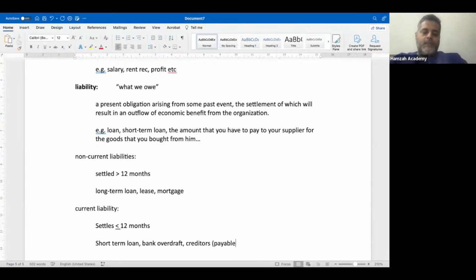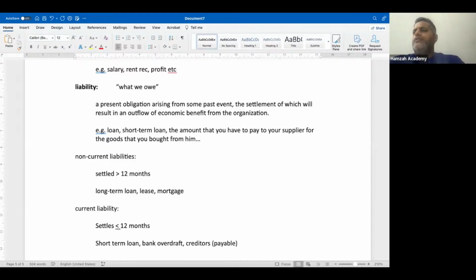They are also called the payables. Creditor is the person or the supplier to whom you have to make the payment for the goods that you have bought. Any person or any company or any business from whom you buy on credit, that party is called a creditor or a payable. Okay?